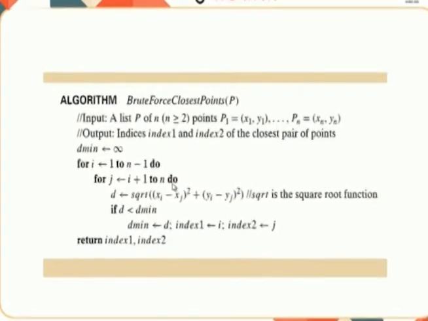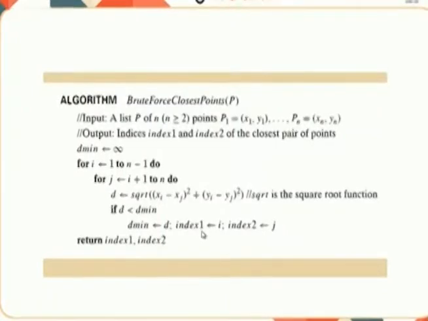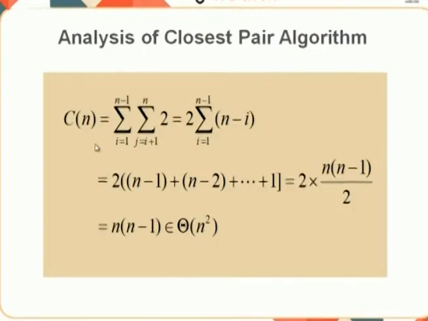This will be repeated in a loop, and when we consider all the points, we will come out of this loop. In that case, what is recorded in index 1 and index 2 are the points for which the distance is minimum. Therefore, we are returning index 1 and index 2. In other words, this is the formal algorithm of the closest pair.